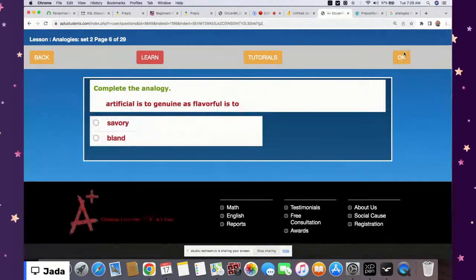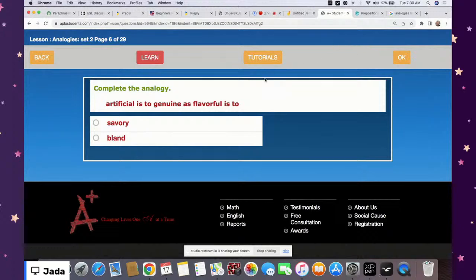Artificial is to genuine as flavorful is to what? Savory or bland. So what's our answer?